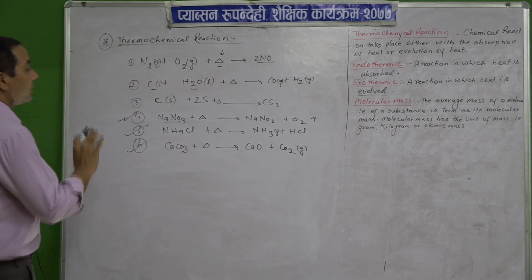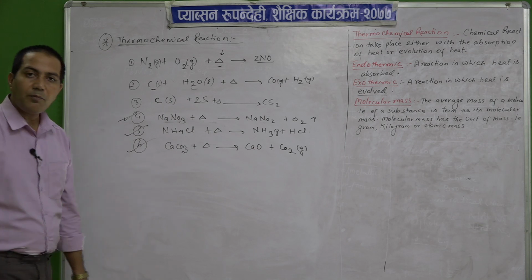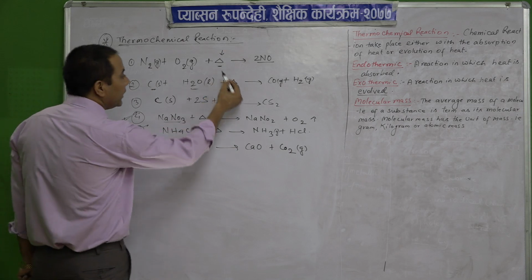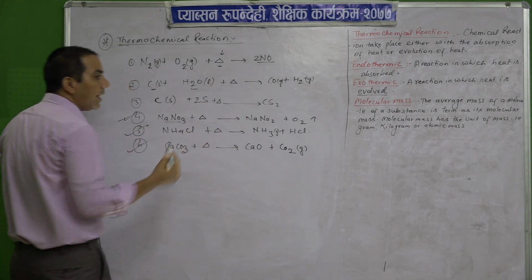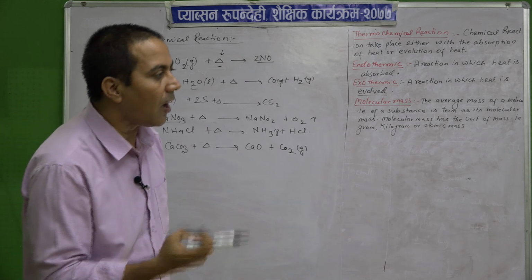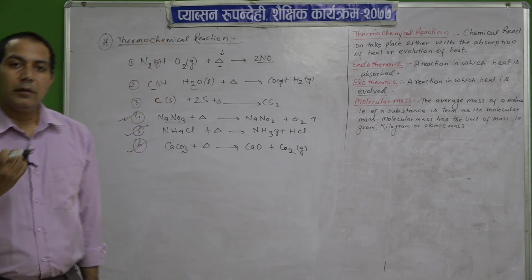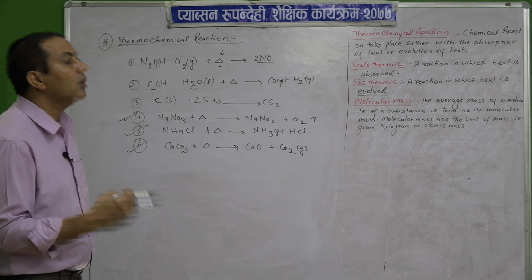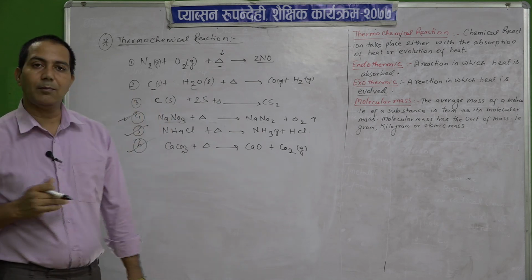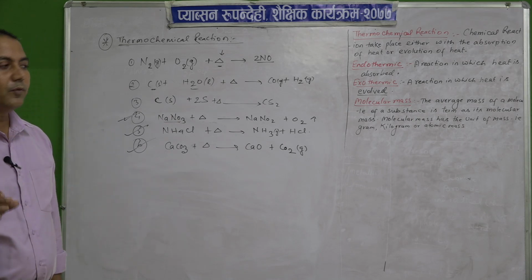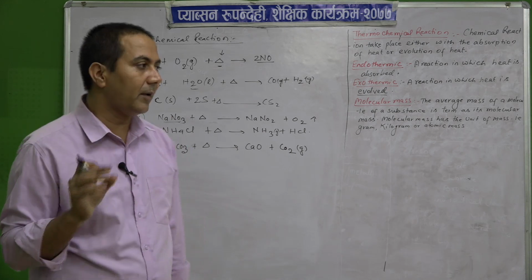So these are some of the examples of endothermic reactions where heat is required for the reactions. Why is heat required? By the absorption of heat, the energy is supplied so that the reactions take place.